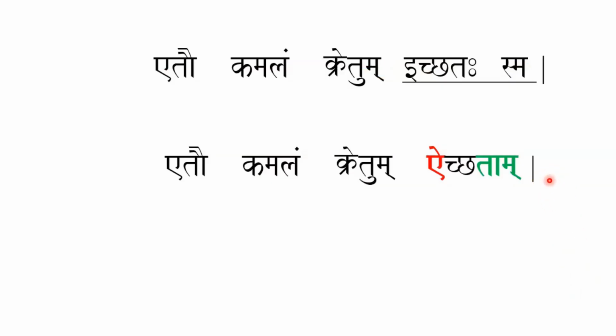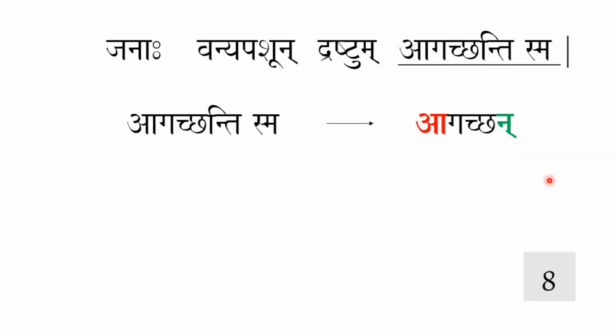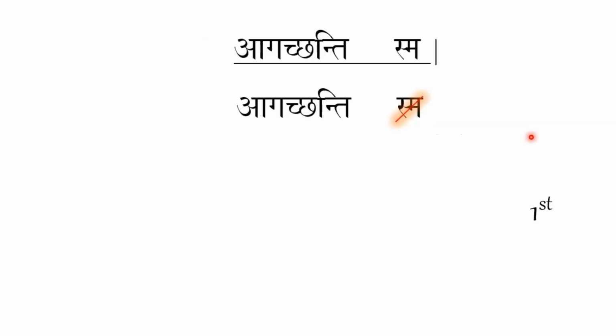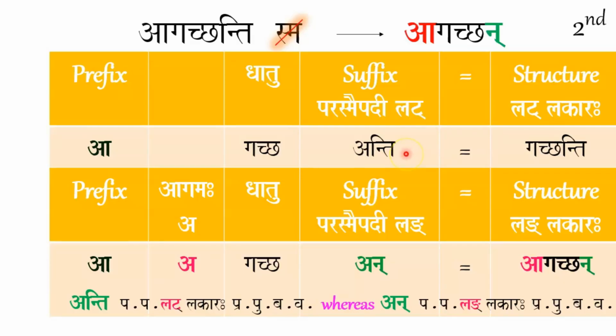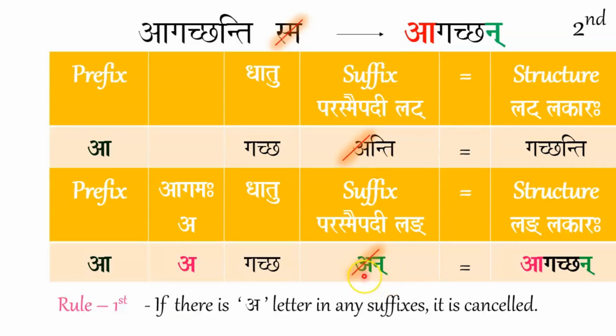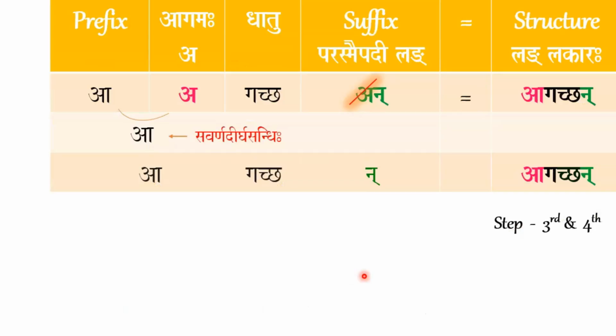Let's move on to our next example. Here, Agachanti Sma becomes Agachan. First, Sma Avyayam is cancelled. After that, the ending present suffix anti is replaced by an in past. And then, according to the first rule of suffix, the letter a is cancelled. Then, the rule of sandhi is checked.